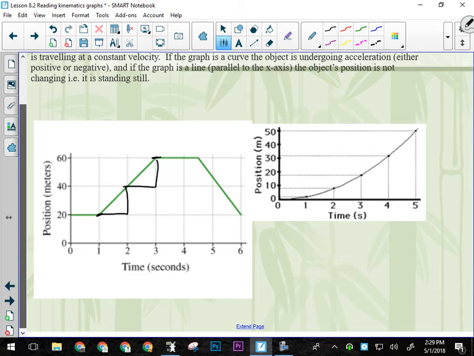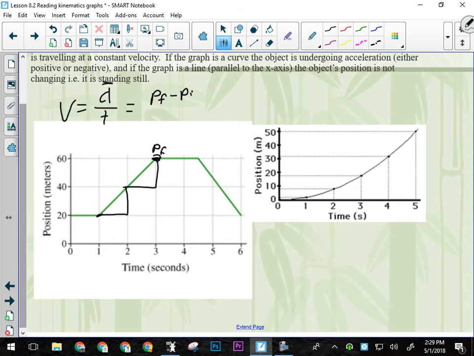Could I calculate what that velocity is? Yeah, because remember, velocity is the change in position, displacement, divided by the change in time. In other words, the final position of the object minus the initial position. So here's the final position. Here's the initial position. If I subtract those two, I'll get its displacement.